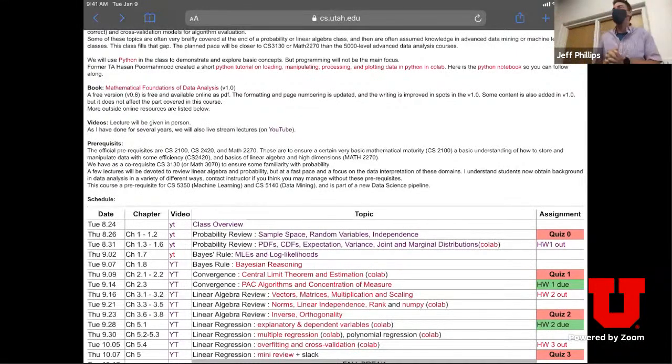Maybe if you've had an algorithms course, you will have seen some of these concepts of an approximation algorithm before, or a randomized algorithm. In data analysis, all the algorithms are basically approximation algorithms. You almost never get the exact thing that you want, and the data is noisy anyway, so it doesn't actually matter.